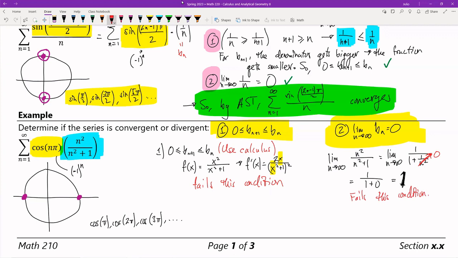Since it fails both, we're done. So this series, the sum from n equals 1 to infinity of the cosine of n pi times n squared plus 1, is divergent.